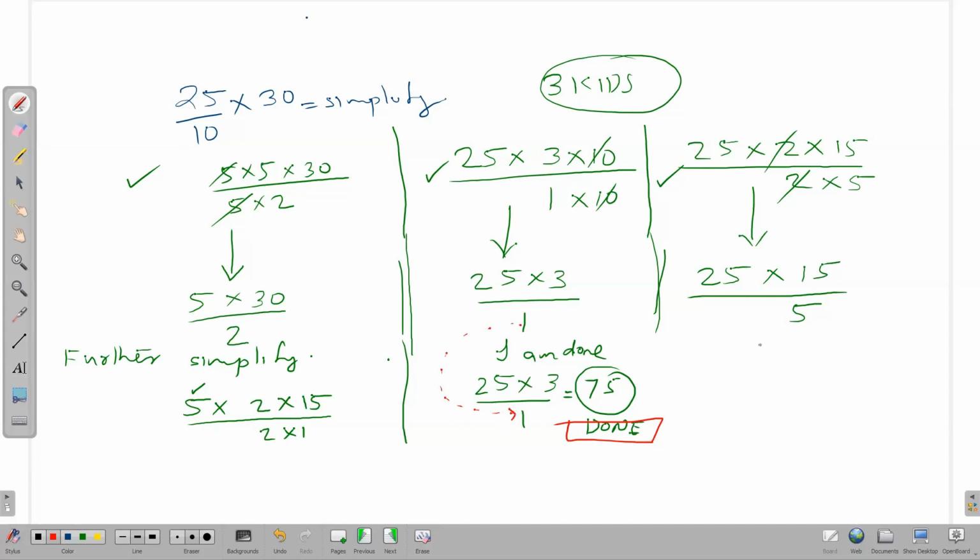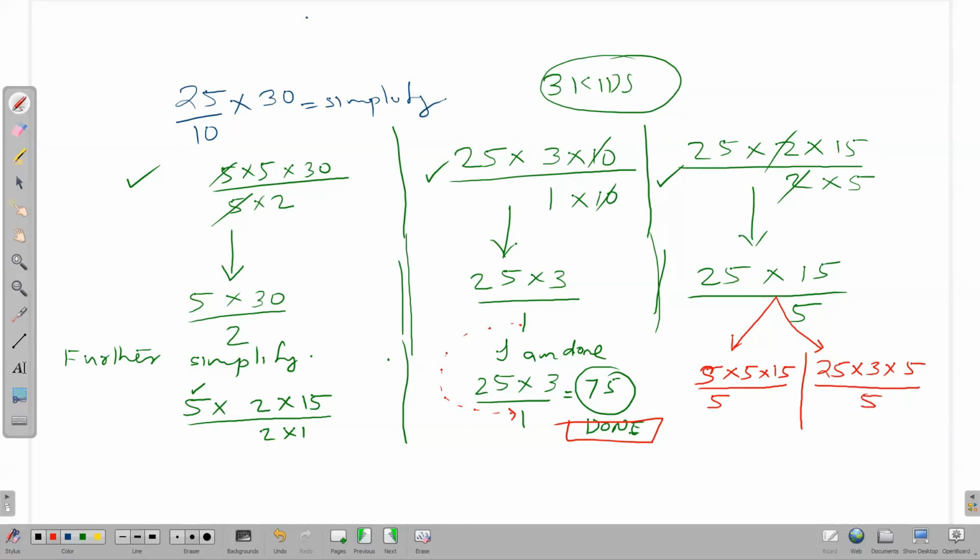Now, here, the teacher says, further simplify, kid. So this kid says, okay, I can simplify in 2 ways. This kid is again crazy. See what he's doing? He's saying, I can write it like 5 times 5 into 15 divided by 5. Or, teacher, I can write like this, 25 times 3 times 5 divided by 5.